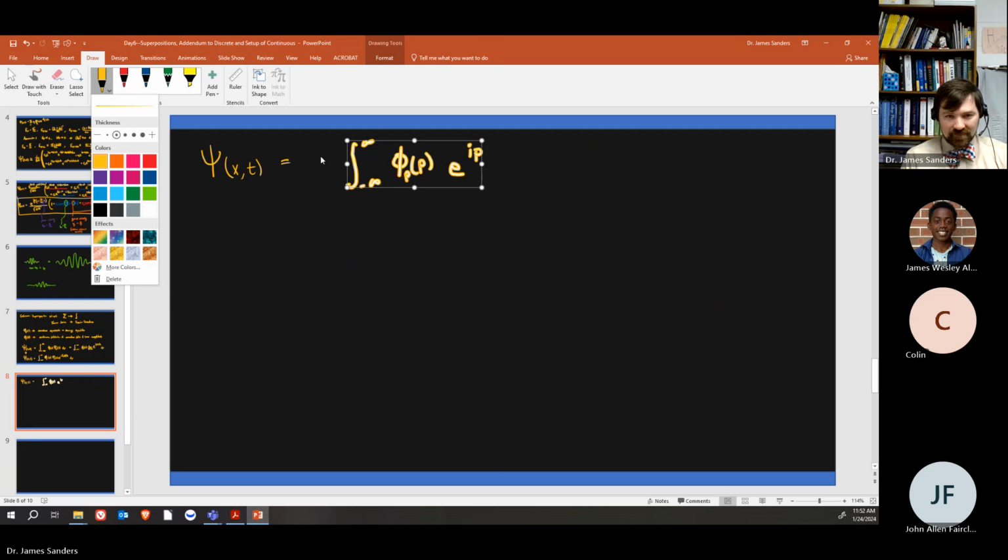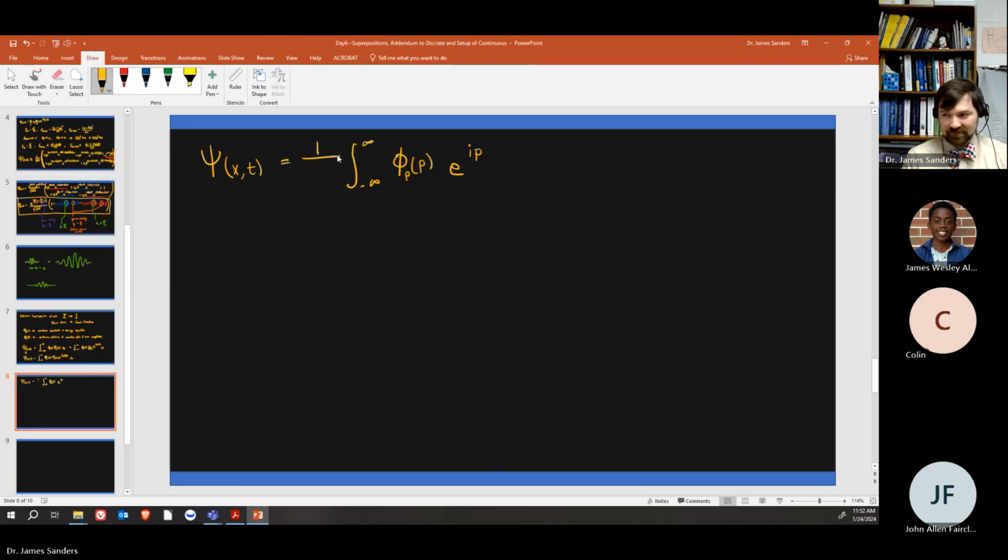So we have 1 over, and your amplitude is just the familiar root 2 pi h bar. All right, so this is e to the i p x over h bar, negative i p squared. Started to write an x. It's t, time, over 2 m h bar, all dp.